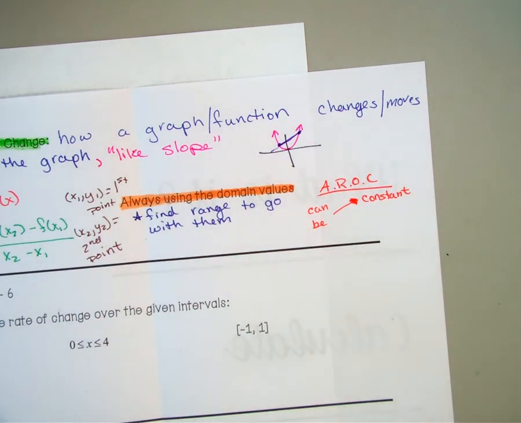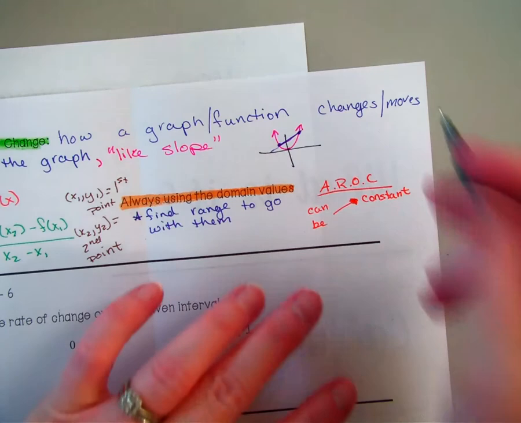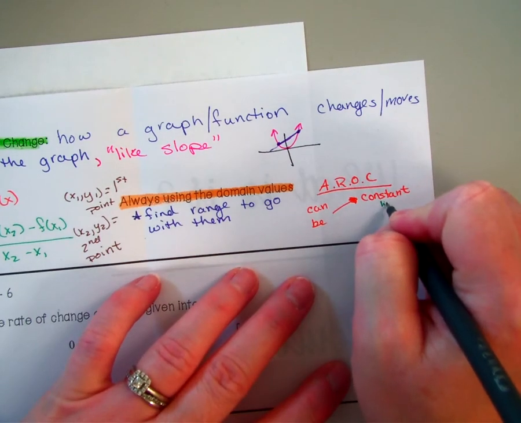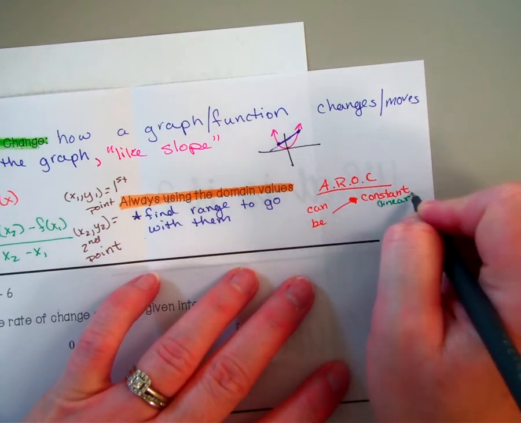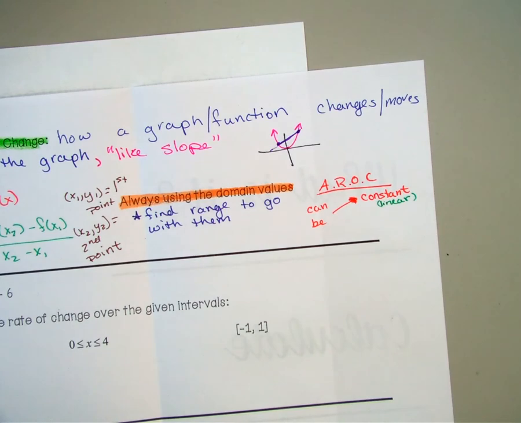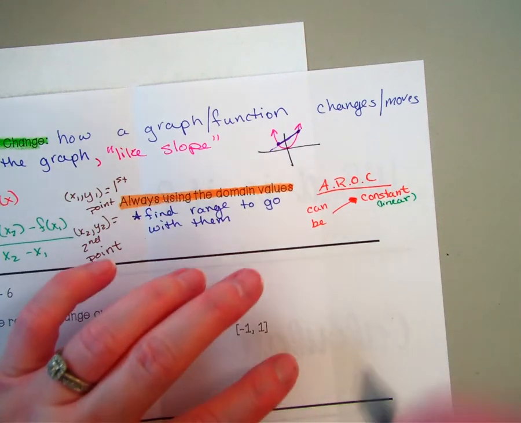So if you have a constant average rate of change, that means it's always the same. Your graph is always increasing by the same amount, or it's always decreasing by the same amount. So an average rate of change that's constant is what we see in our linear functions. Your lines are straight lines. It's always increasing or decreasing by the same amount with that slope, which is a constant value.